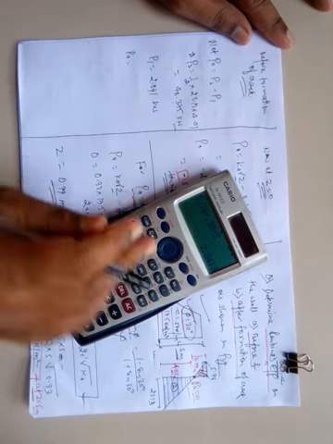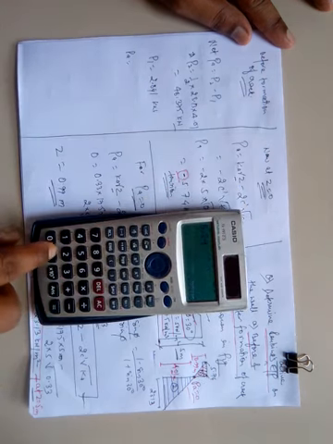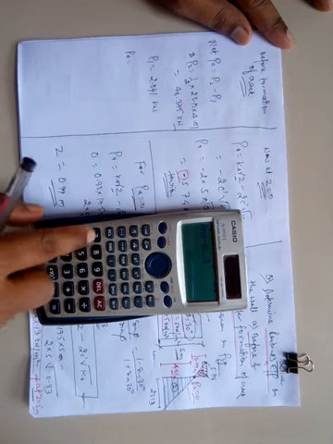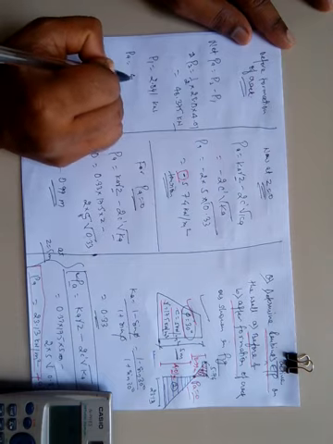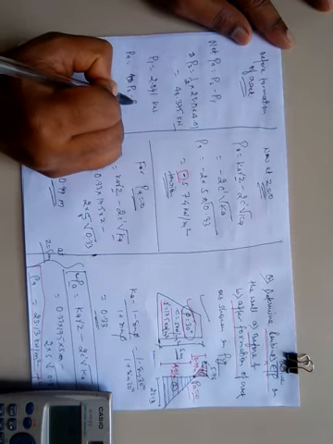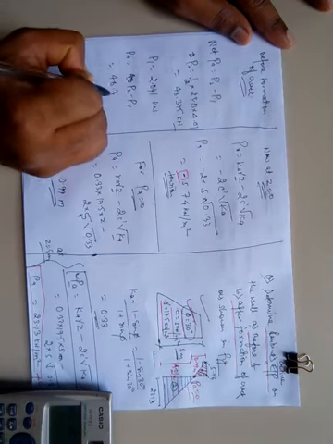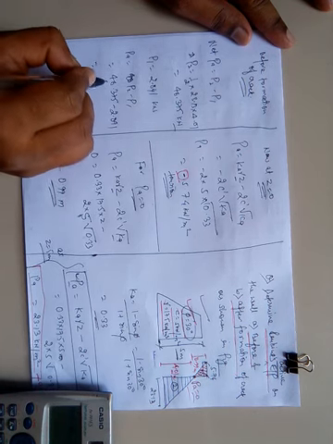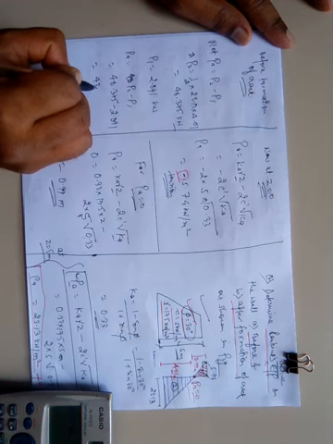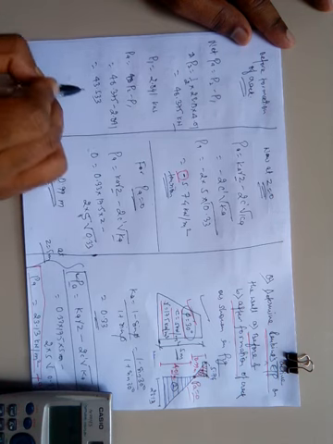So net Pa will be P2 minus P1, which is 46.375 minus 2.841, equal to 43.534.